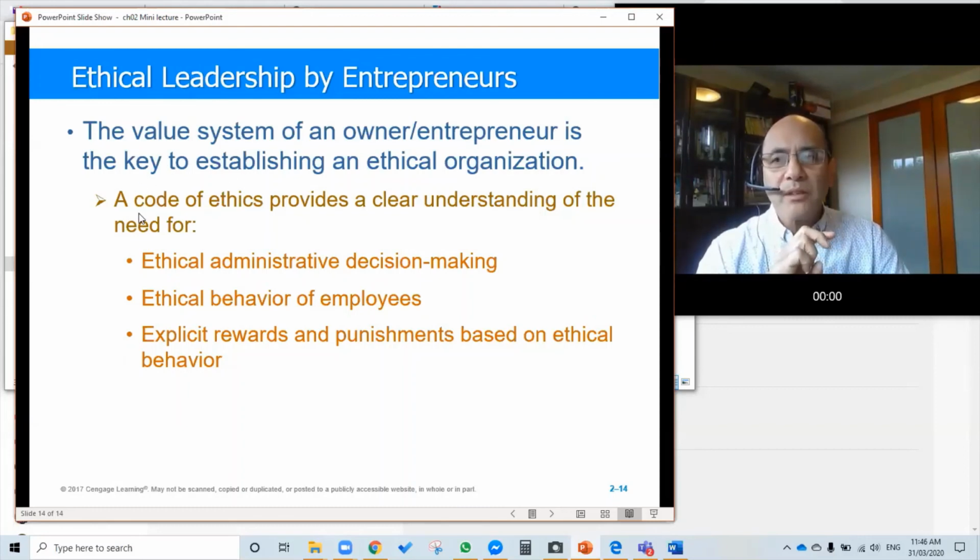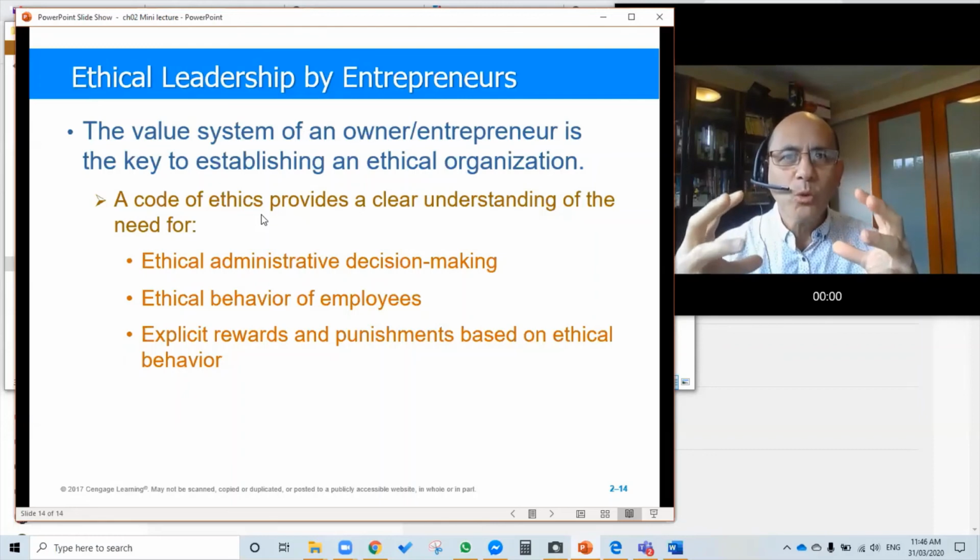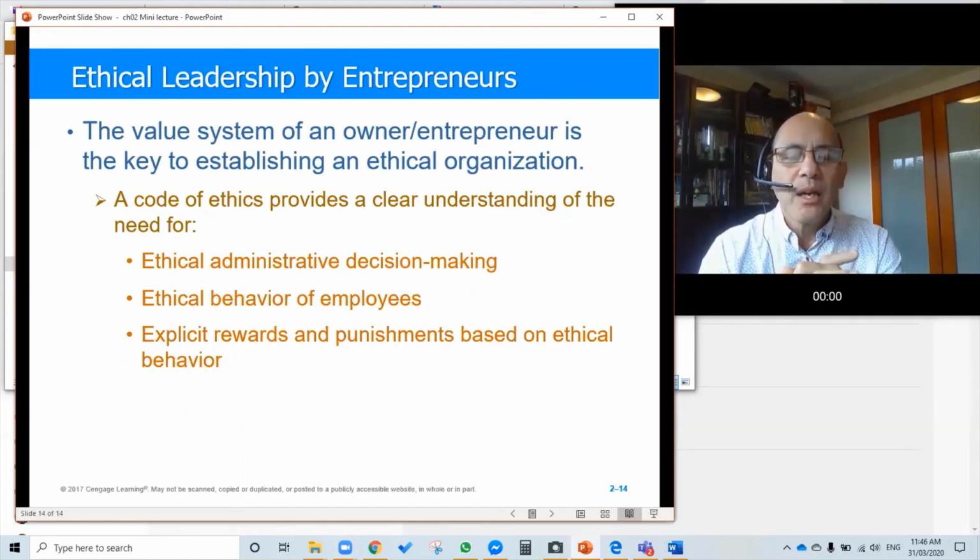Another thing that's really good to have is a code of ethics. A code of ethics is a set of rules, basically a written statement which you can share with your employees. And this statement outlines how we will do business in the right way.